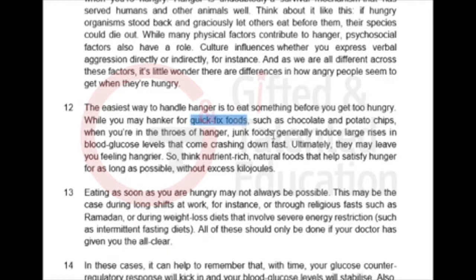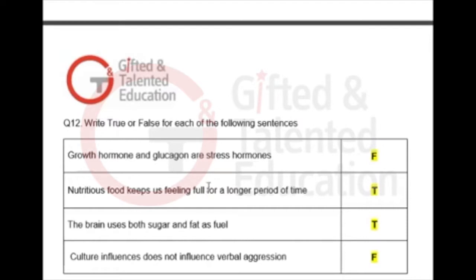This junk food increases our blood glucose level really fast, leaving us feeling hungrier when the blood glucose level comes crashing down fast again. So therefore, instead of having quick fix food or junk food, let's have nutritious food. Nutritious food keeps us feeling full for a longer period of time.